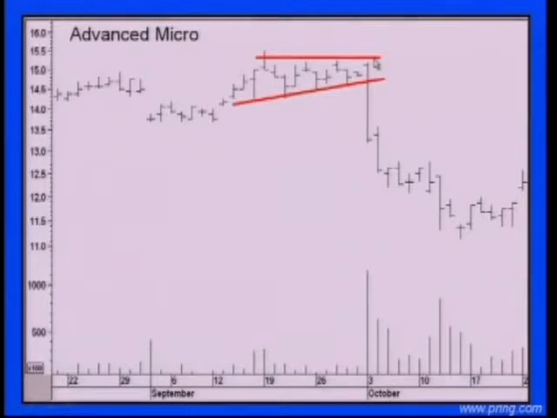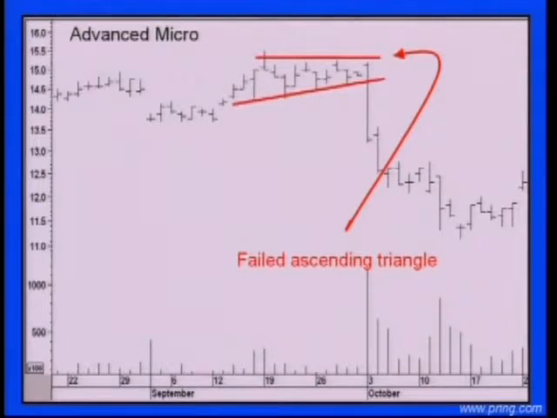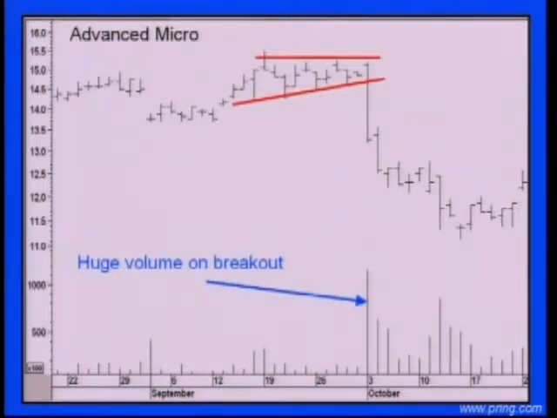It would represent a good risk-reward trading opportunity, especially as failed right-angle triangles tend to give you strong moves in the opposite direction to that expected. In this case here, we get huge volume on that downside breakout.